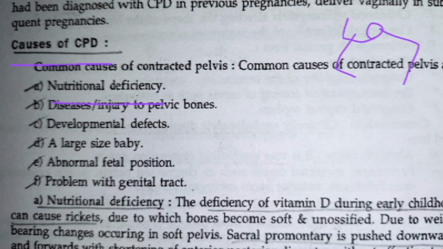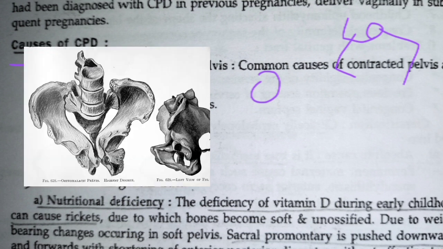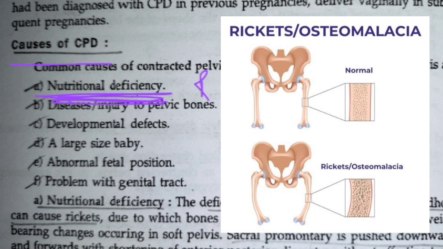Apart from this, there are two other conditions that occur because of nutritional deficiency and lead to CPD: rachitic pelvis and osteomalacic pelvis. In the rachitic pelvis, the structure of the pelvis is distorted, and in the osteomalacic pelvis, the bone is not in proper condition.